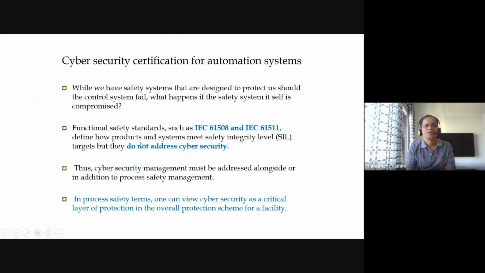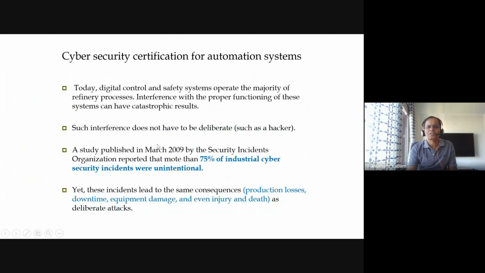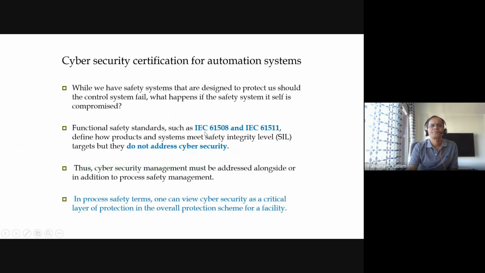So cyber security certification is also required. Cyber security for automation systems is needed. There are functional safety standards such as IEC 61508 and IEC 61511 that define how products and systems meet safety integrity level, SIL, targets, but do not address cyber security. Now we have seen hazardous area classification, SIL 1, 2, 3, but they are not addressing your cyber security.